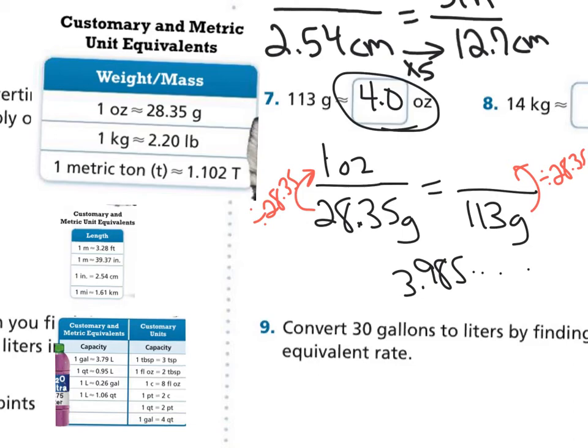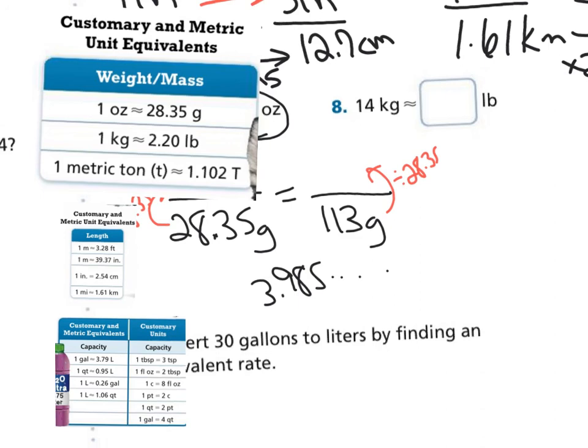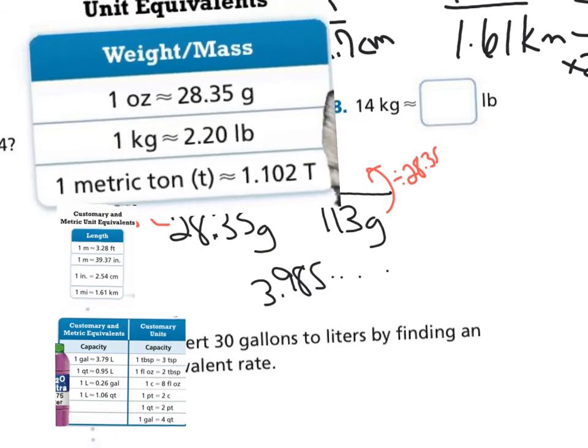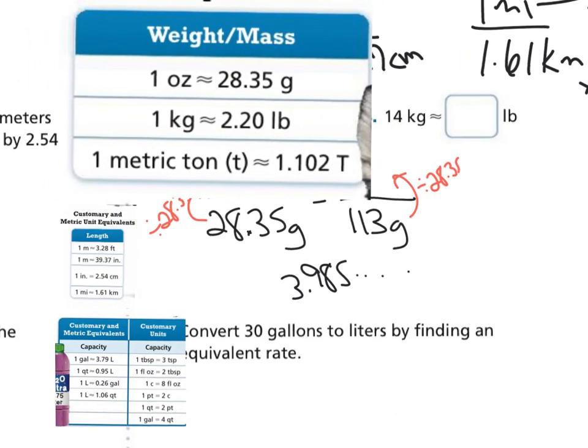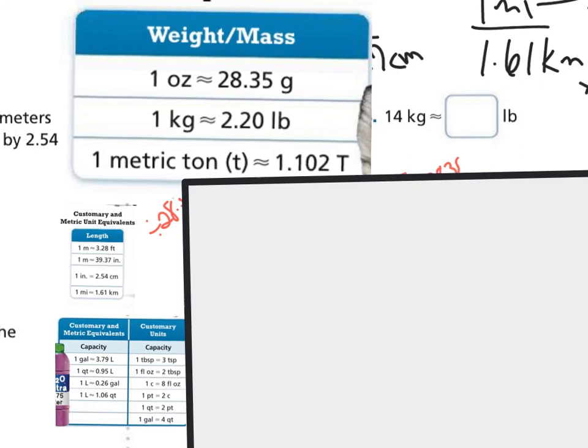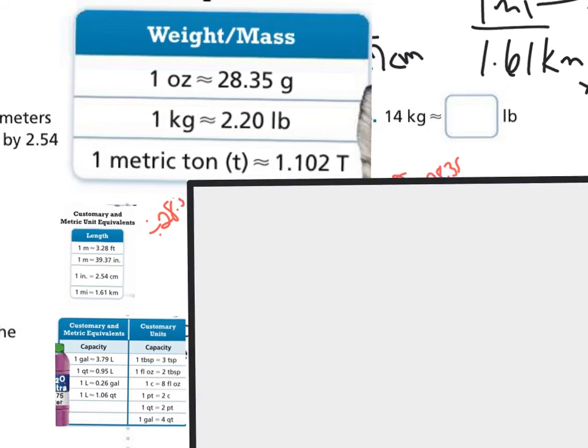And if you look at number 8, you've got 14 kilograms. We're trying to go to pounds. So kilograms to pounds, that's on that same table there. For this one, we know 1 kilogram is about 2.20 pounds.